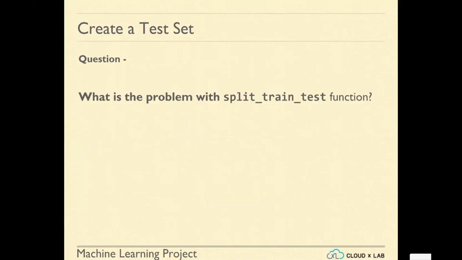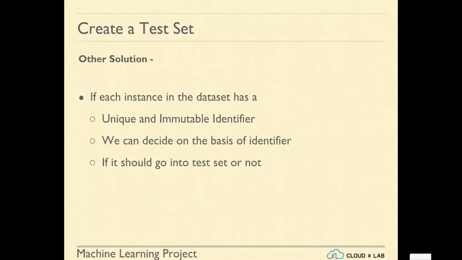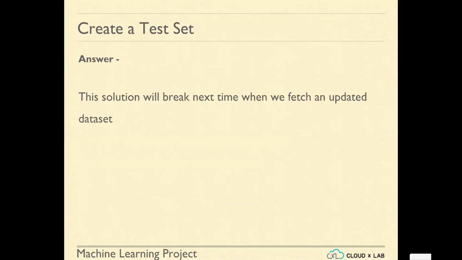Now, the problem with the split train test function was that, since it was based on the record number, it could get different parts of the data set every time.